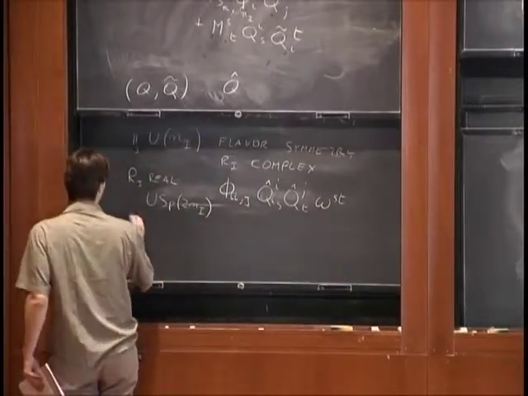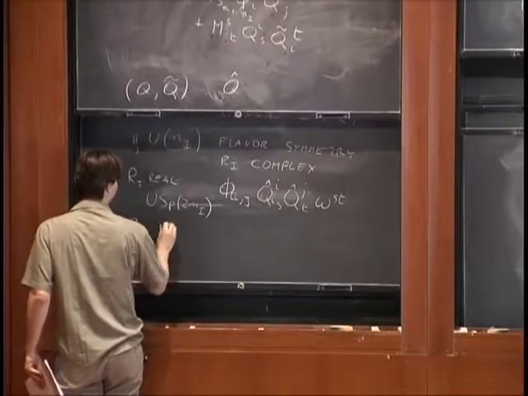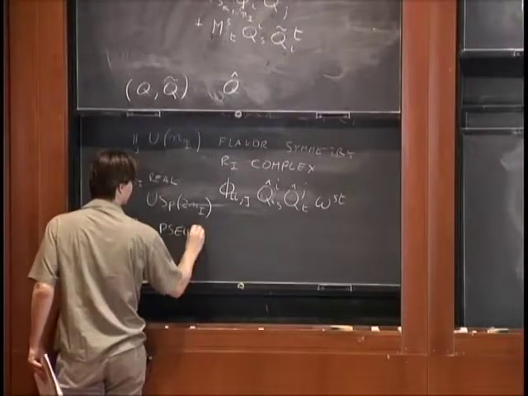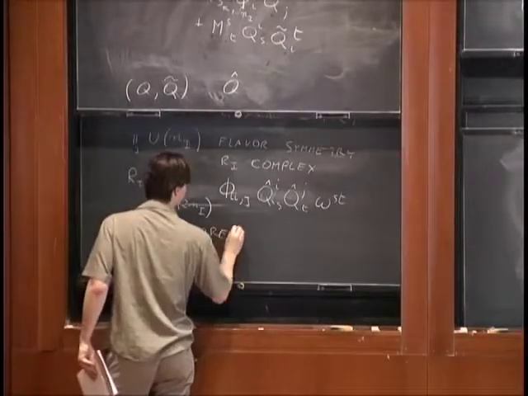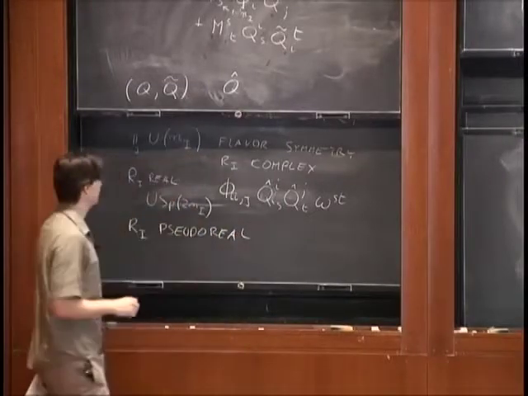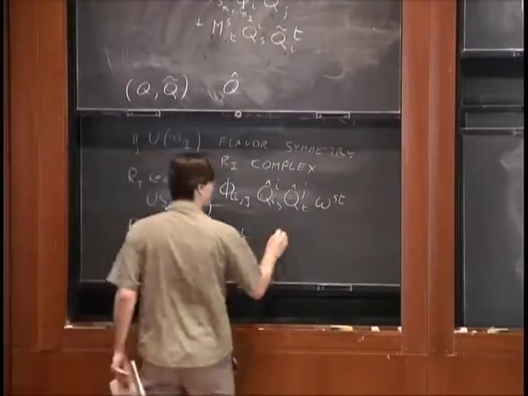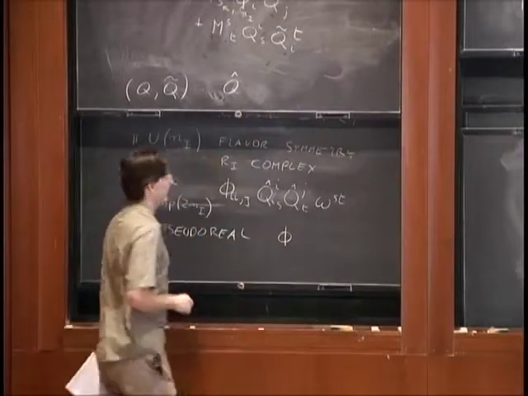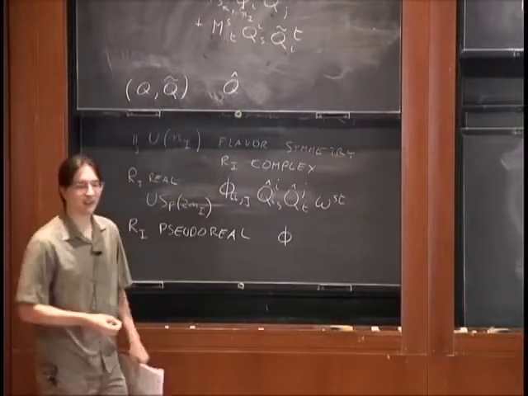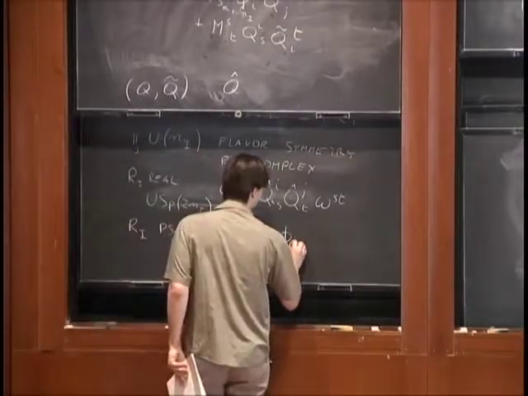Instead, if R_i is pseudo-real, then the adjoint fields can be written in a way that has symmetric indices.